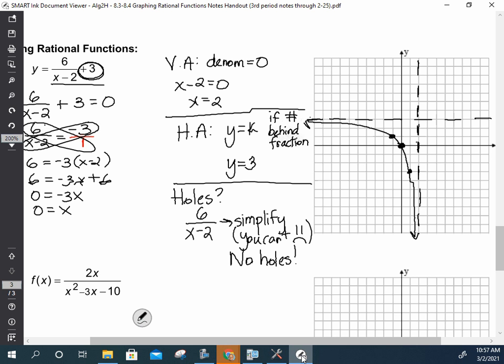Three times 9. 1, 2, 3, 4, 1, 2, 3, 4, 5, 6. 5, 1, 2, 3, 4, 5. That's it. There's your graph.